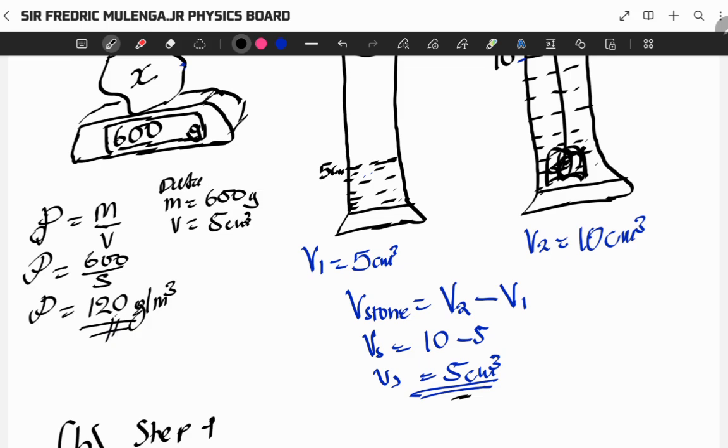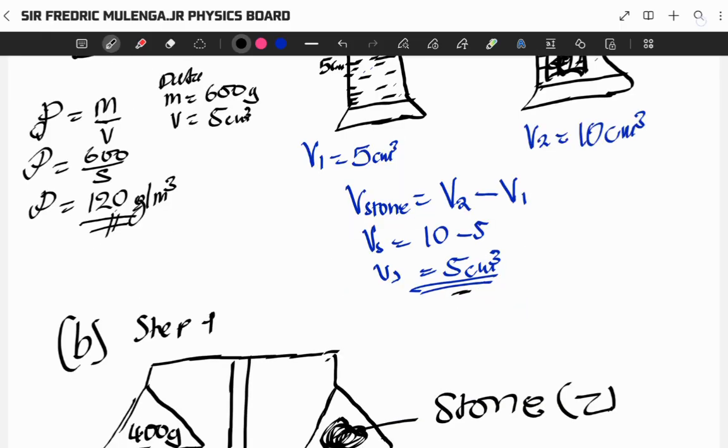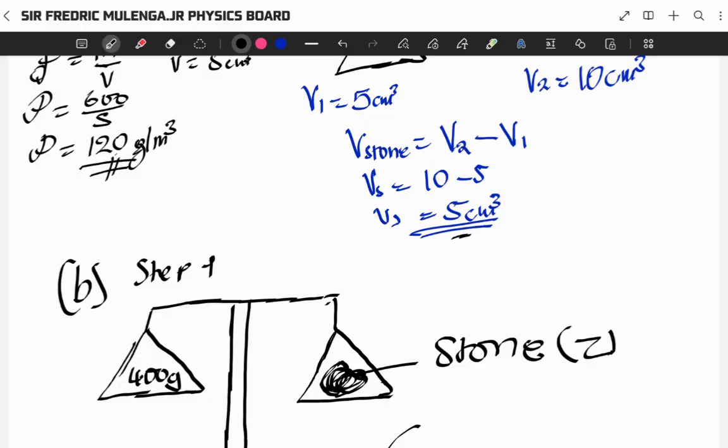Okay, then let's try part B and see how we can solve that. There is another method of determining the mass of an object, because it's not always on the electronic balance. We have different instruments that we use to measure mass. We also have a beam balance, where a known mass is placed on one side and an unknown mass is placed on the other side.